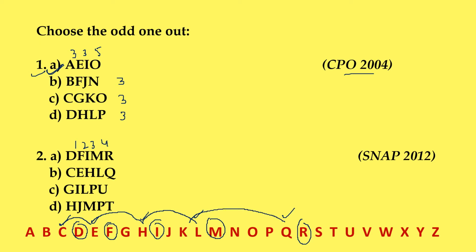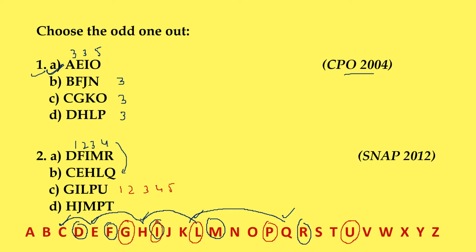So again the difference remains the same as we get for option A. Now looking at the next one, that is GILPU. So this is G, then we have I, then we have L, then we have P, and we have U. So I have encircled it with a red pen this time. So again we see that the difference remains the same, that is 1, 2, 3 and 4.